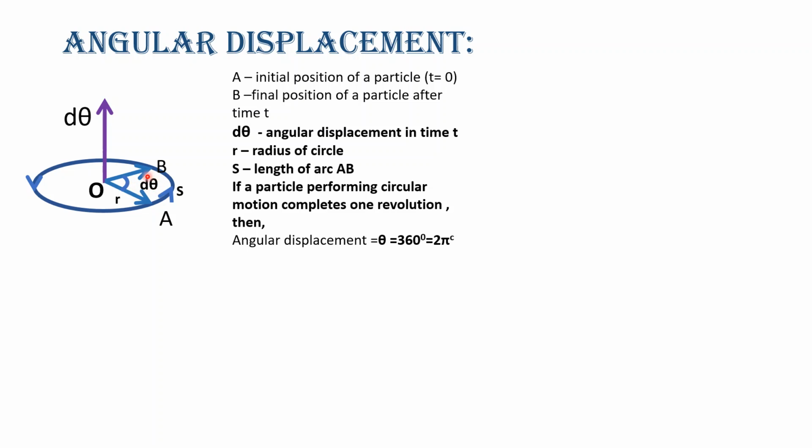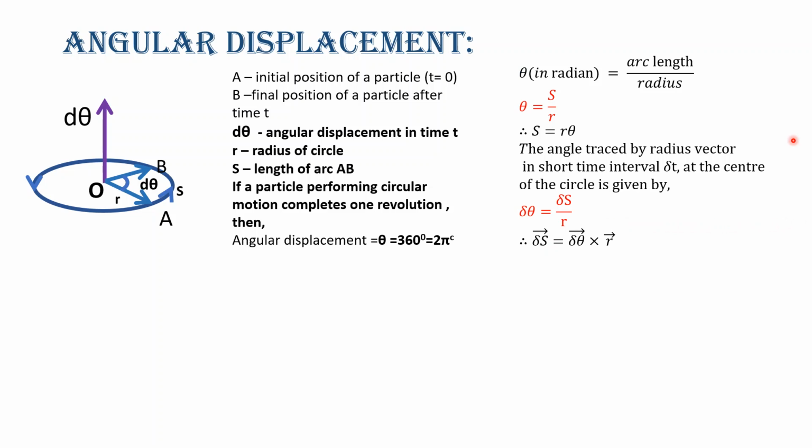Then this d theta will be considered as the angular displacement in time duration t. Here r is the radius of the circle, s is the arc AB. Now when the particle completes one revolution, the angular displacement will be considered as 360 degrees or 2 pi radian. So by definition, I can write it here.